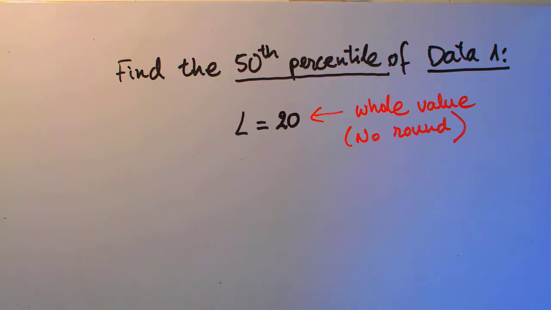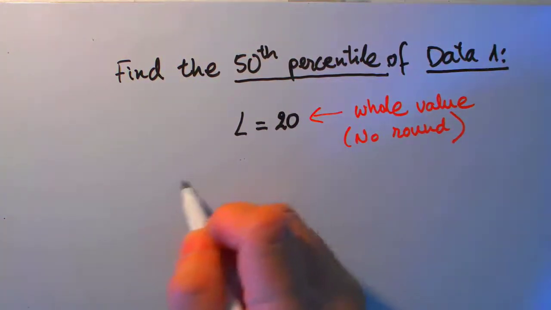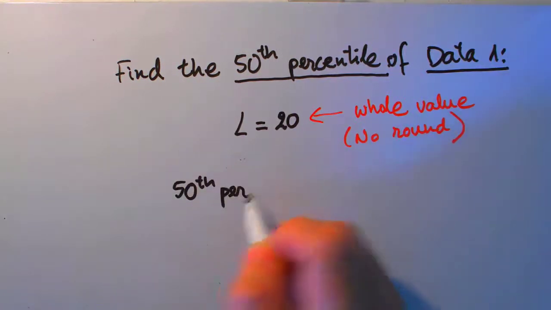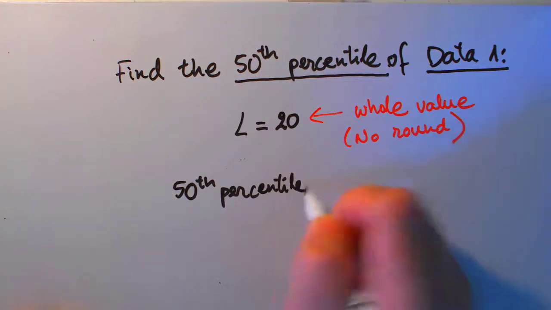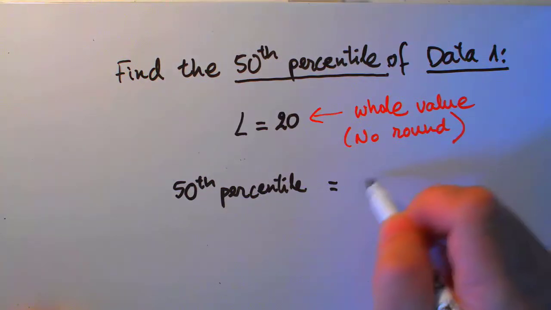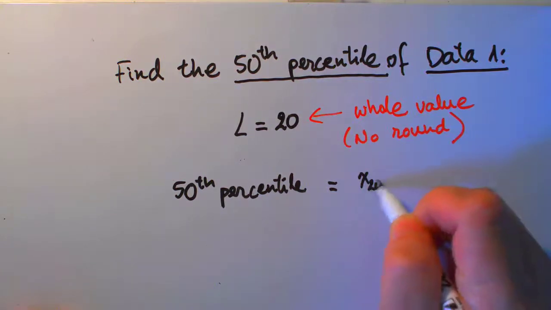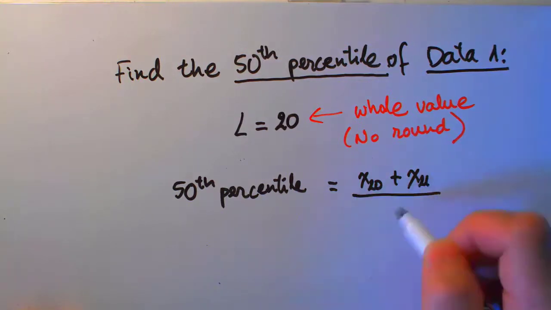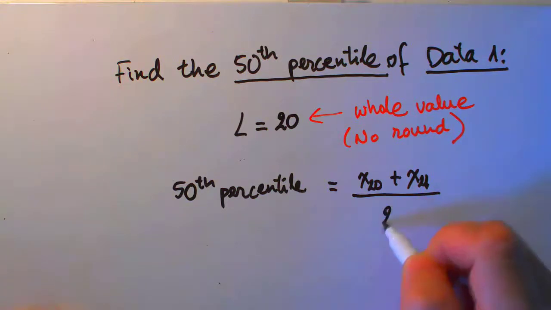Consequently, you made your conclusion that the 50th percentile was the 20th value on the data, and I can write it down one more time, plus the 21st value, over 2.